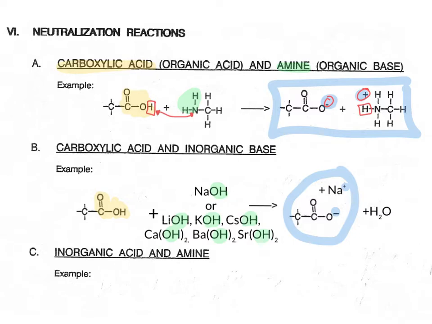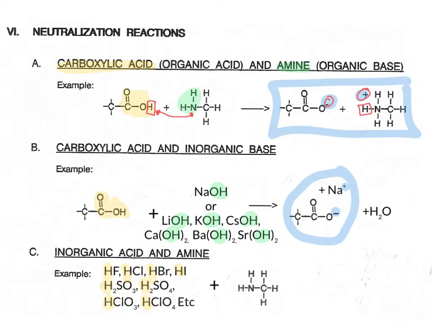And finally, we could have an inorganic acid react with an amine. An inorganic acid is any of the acids that we've seen before, except for the carbon-based ones. So specifically, we might see something like HCl, and that'll react with an organic amine like CH3NH2, aminomethane, and we would see that the hydrogen would come from the inorganic acid and be donated to the amine, making a charge on that nitrogen.